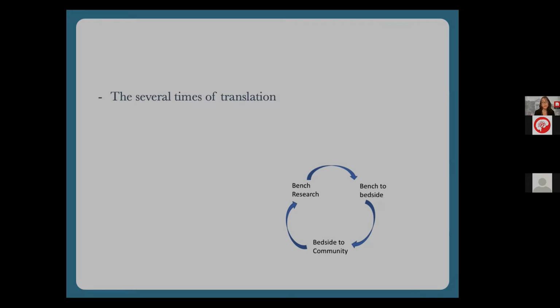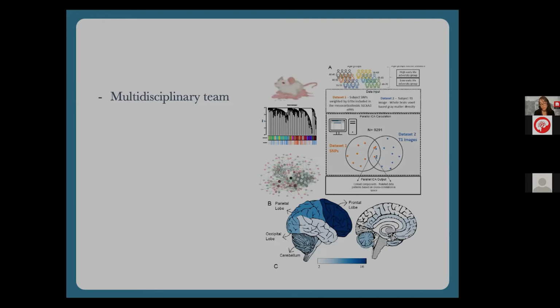And of course, there are other things that you need in order to do this, and I'm going to tell you about that. Of course, the first thing is having a multidisciplinary team. And I'm lucky to tell you that I always had students from different backgrounds. So we work in medicine, but we always had students from nursing, physical education, basic biology, pharmacology, dentistry, even musicians I had in my lab.